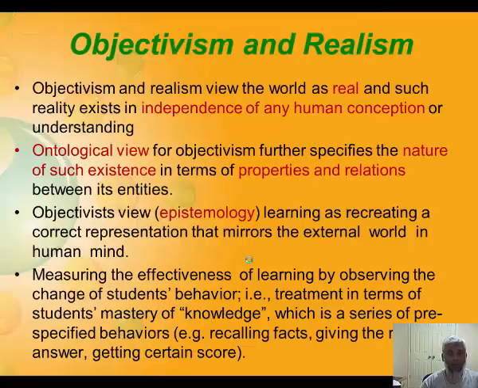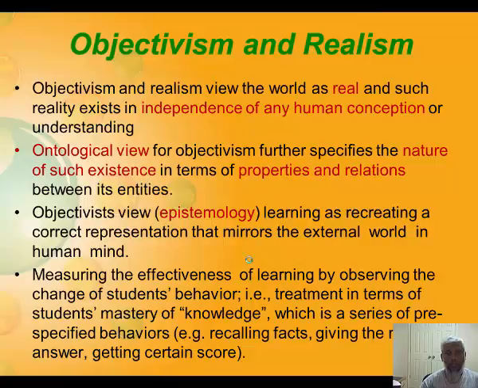Objectivism and realism view the world as real, and such reality exists independently of any human conceptions or understanding. According to the ontological view of objectivism, it further specifies the nature of such existence in terms of properties and relations between its entities.